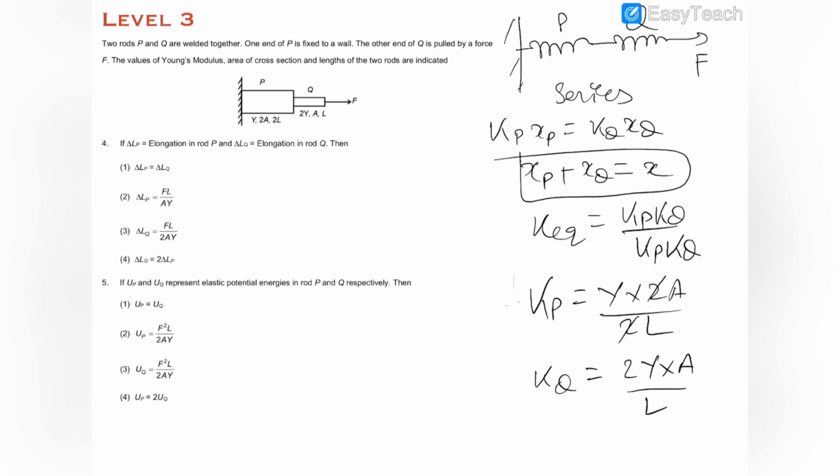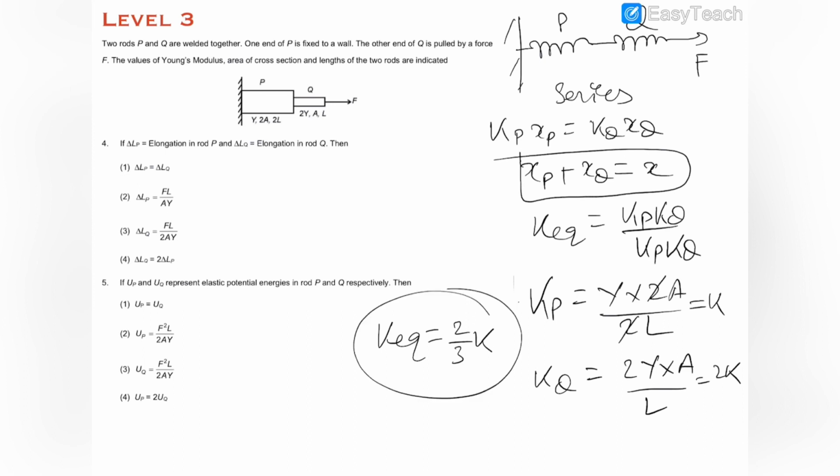So if this is equal to K, then this is equal to 2K. So K equivalent will be equal to 2 by 3 K by substituting these values. And the total extension X will be equal to F upon K equivalent.